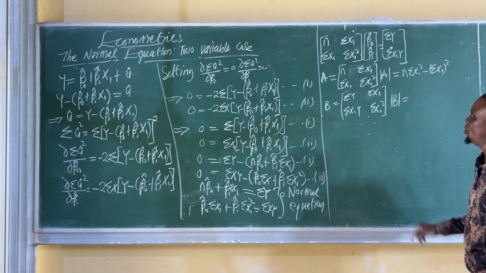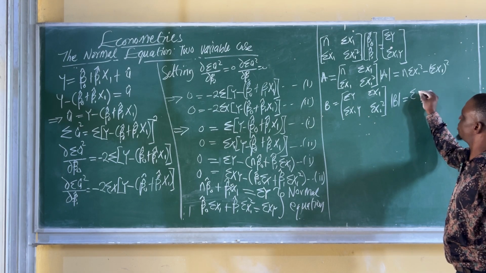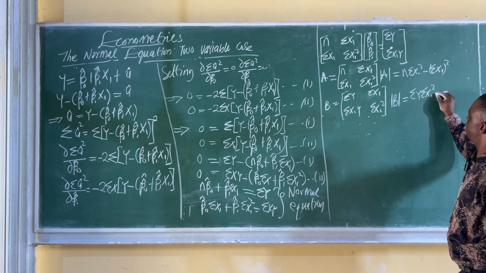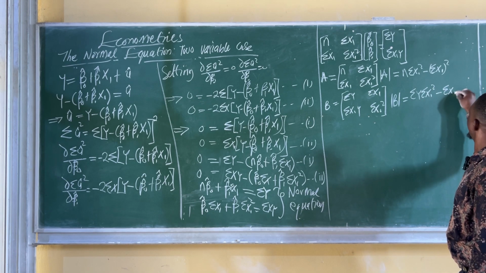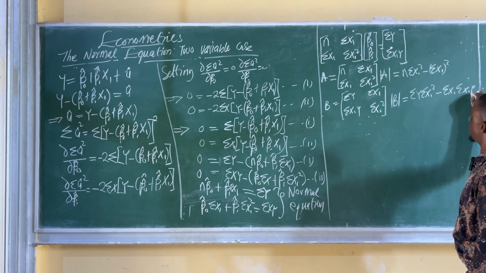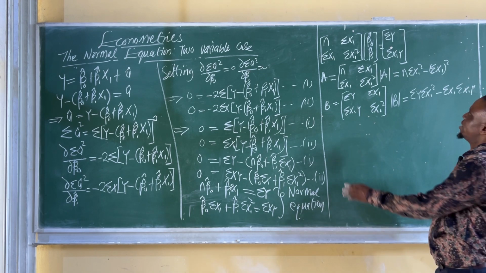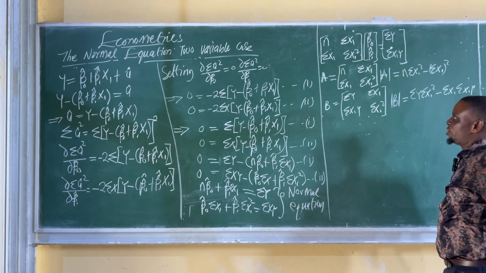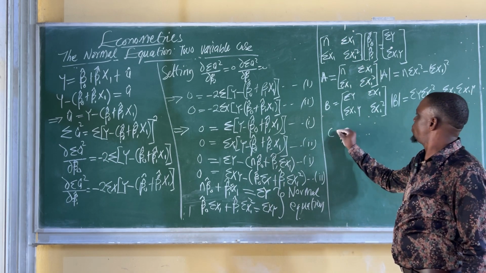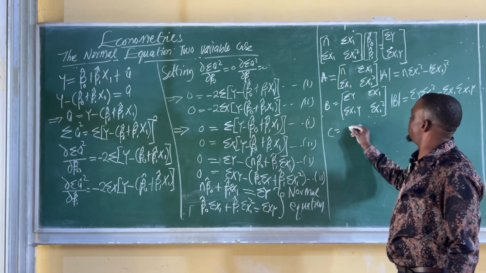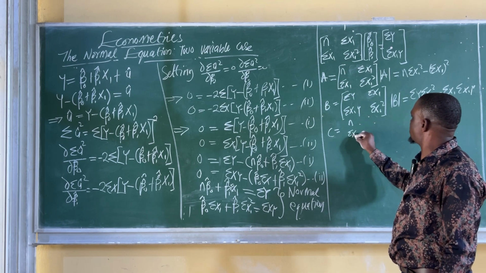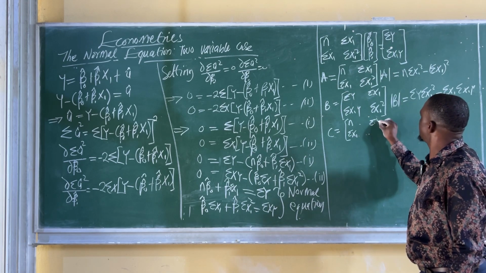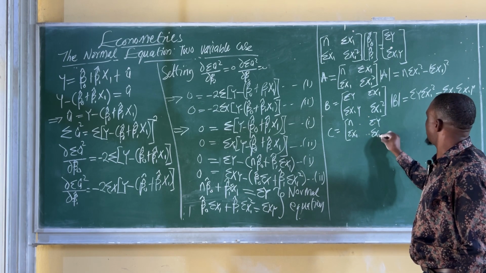I hope we are following. So which will be summation y summation x1 square minus summation x1 y. Now the next thing will be to use the vector of constants to replace the second column of this matrix, and we'll call that C. So C will be equal to, this remains as n summation x1, and then using this to replace this will be summation y summation x1 y.